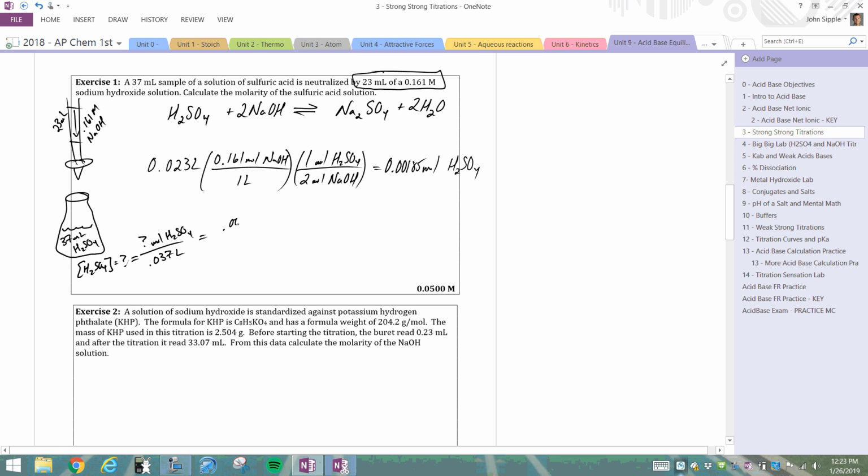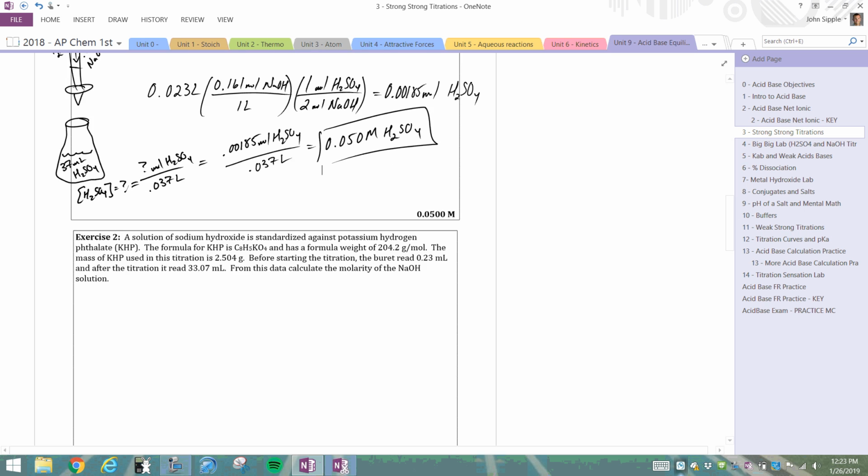We have 0.00185 moles H2SO4 divided by 0.037 liters, and we end up with 0.050 molar H2SO4. All right, so that's the first example.